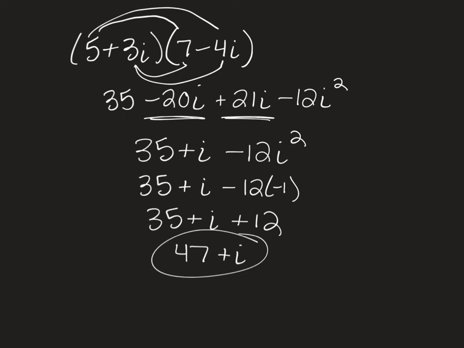So the division is basically just more foiling, guys. It's like a fraction. We're going to divide 5 plus 3i by 7 minus 4i. We don't like square roots in the denominator. i is technically a square root, so we don't like i in the denominator of a fraction.